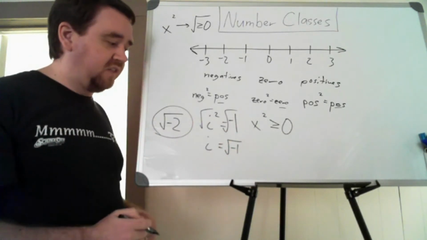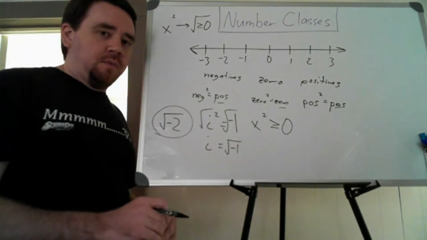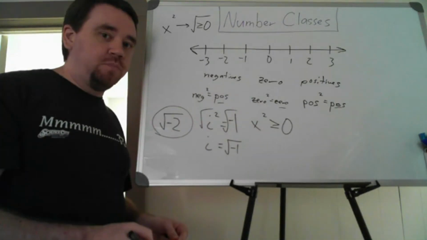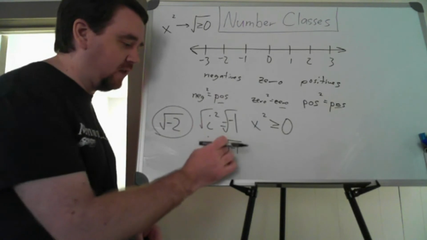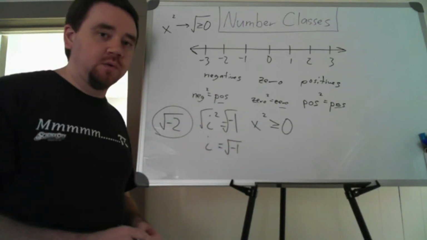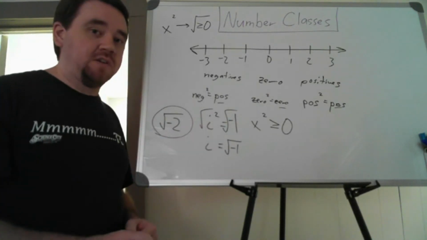Now, technically, we could say, is that the positive or the negative square root? But once we've studied these numbers more, that actually turns out to not have meaning. And whichever one you pick, as long as you're consistent, you get the same answers. So just for simplicity, we leave off any positive or negatives in front of the square root, and we just say i is the square root of negative 1. So we create this imaginary value.